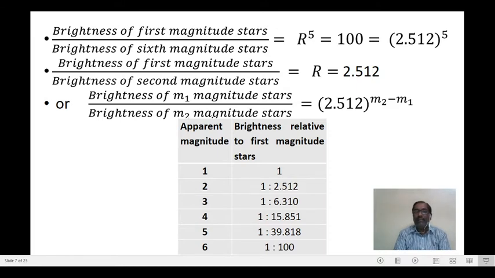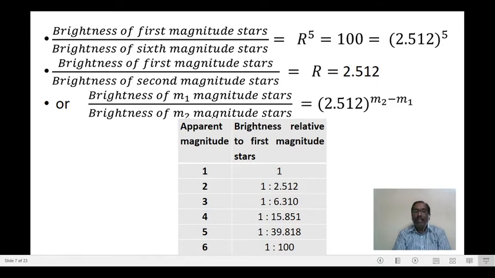Therefore, brightness of first magnitude stars to brightness of sixth magnitude stars is equal to R to the power of 5, that equals 2.512 to the power of 5, or 2.512 to the power of 6 minus 1. Similarly, brightness of first magnitude stars to brightness of second magnitude stars is equal to R, that equals 2.512, or 2.512 to the power of 2 minus 1.